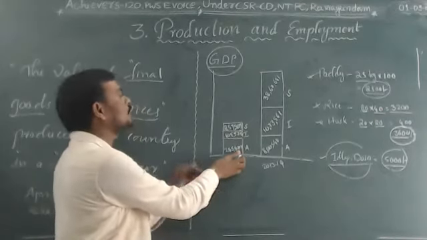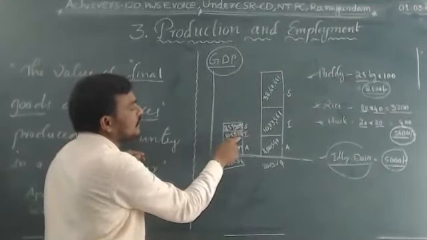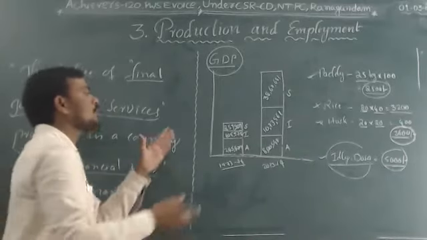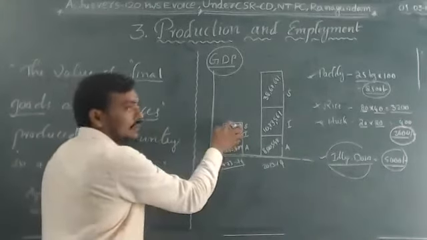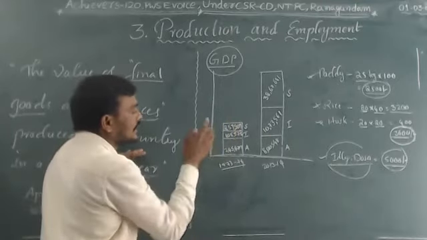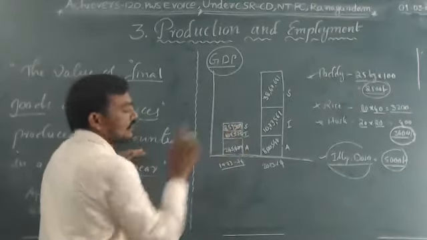Clear? Coming to the industrial sector, 1,05,575 crore from the secondary sector. Coming to the tertiary sector or the service sector, it generated 2,59,509 crore.